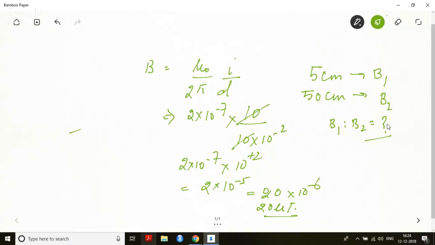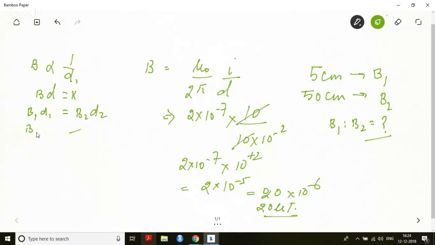Okay, 10 is to 1 is the right answer. So you look at here, B is inversely proportional to D. It means that B into D is equal to constant. So B1 D1 is equal to B2 D2.